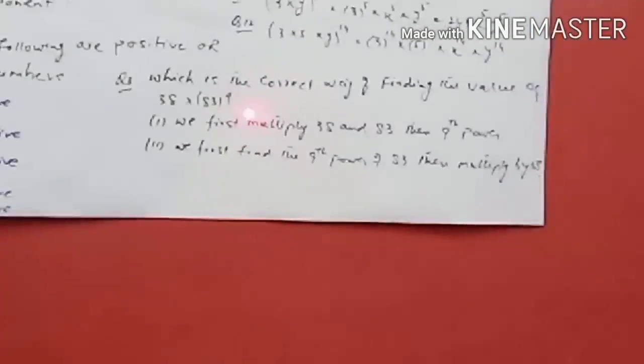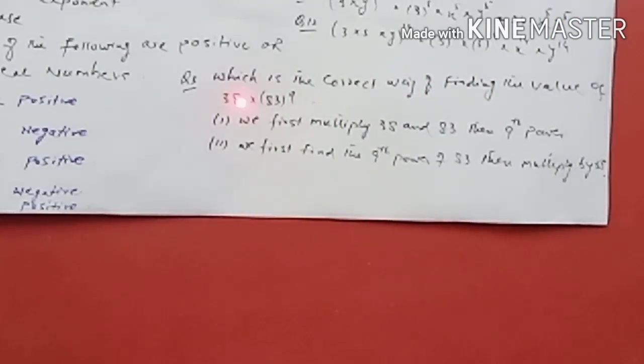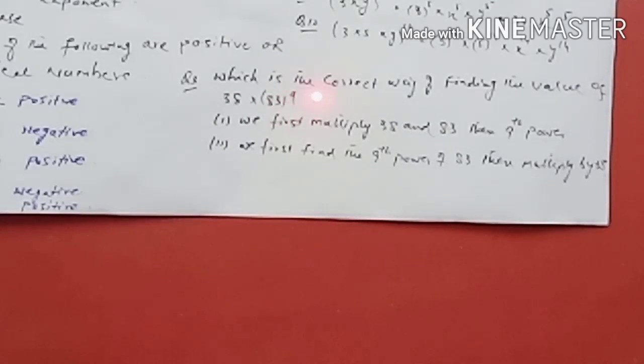Now question number 3 of the exercise: which is the correct way of finding the value of 38 multiplied by 83 raised to power 9. There are two possible ways to find the value. Number 1, we first multiply 38 by 83 and then take the 9th power of the number.